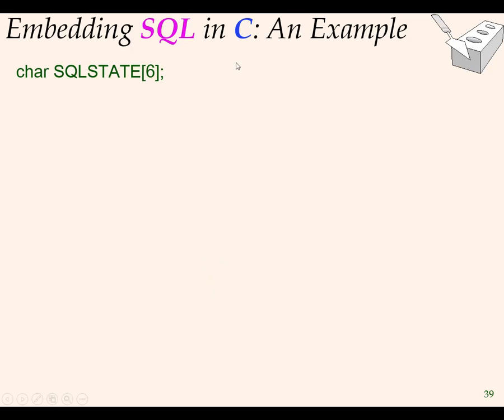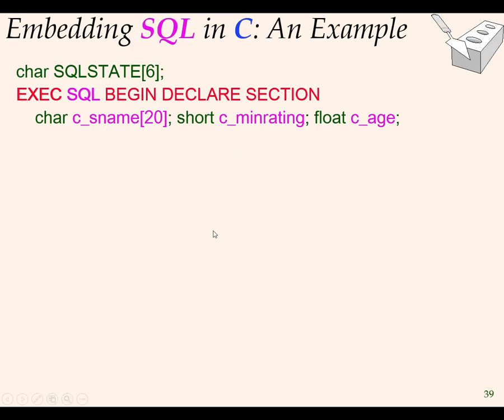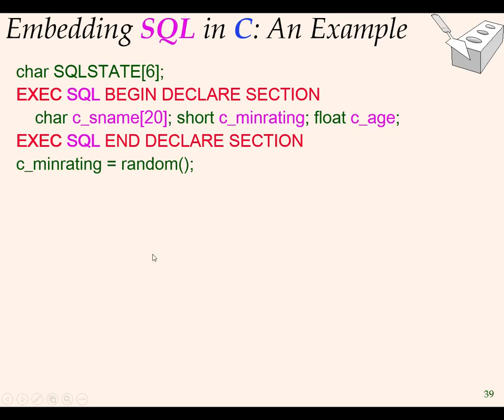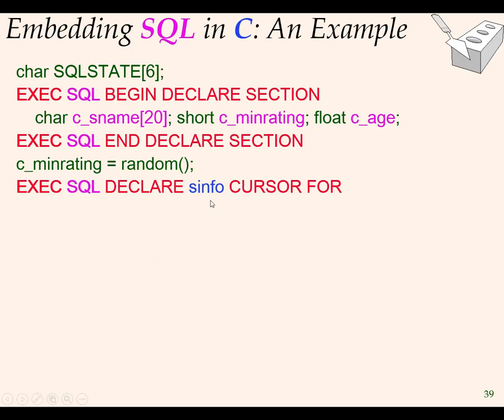database. Now, this is an example for C, so I declare SQLSTATE. Here is the begin section for my variables: the name, min rating, and age. I'm going to call a random function to get min rating, and I'm going to create a cursor, sinfo. Again, all these are keywords: EXEC SQL DECLARE CURSOR FOR.